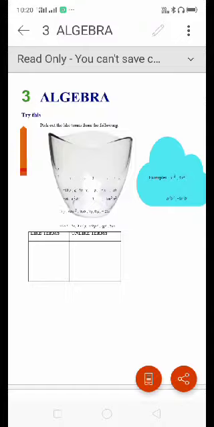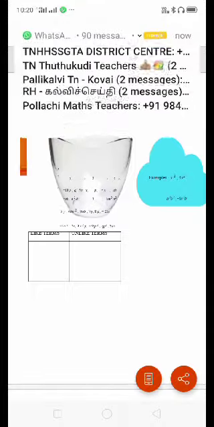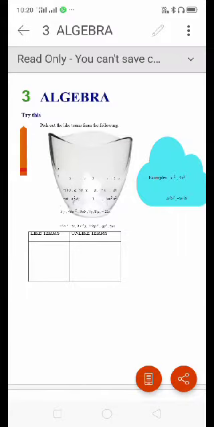This chapter is algebra. Already we have learnt in the 7th standard the basic knowledge about algebra. If I say x, y, z, you will say alphabets. These are alphabets, but in maths we will use them for 3x, 4x, 3t, 4y.